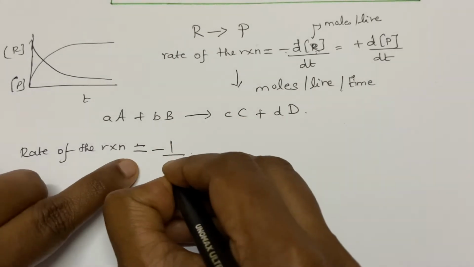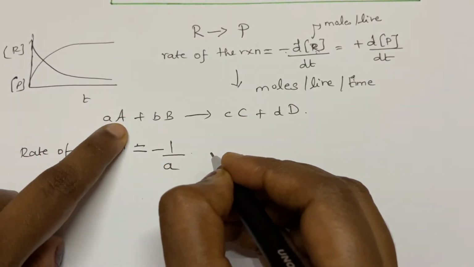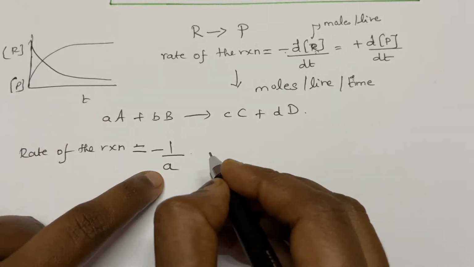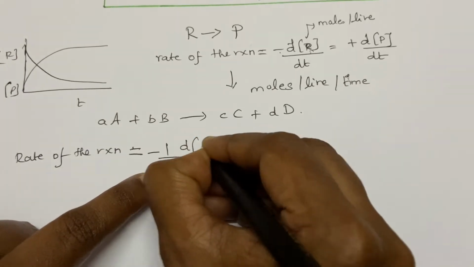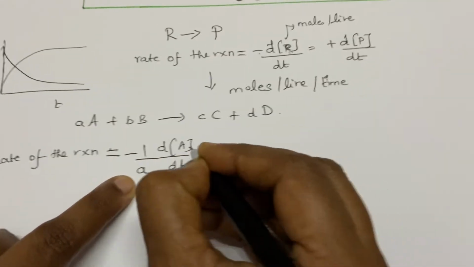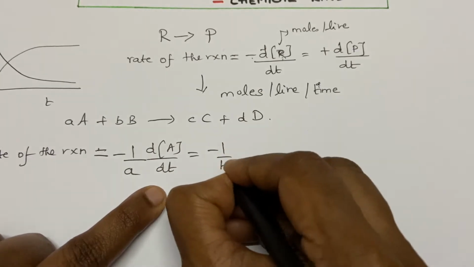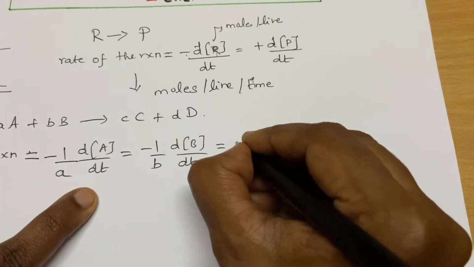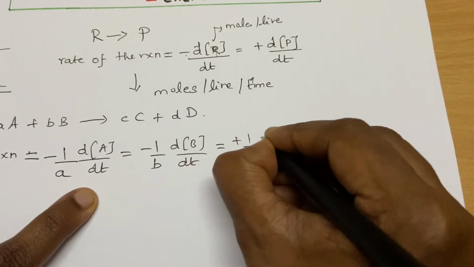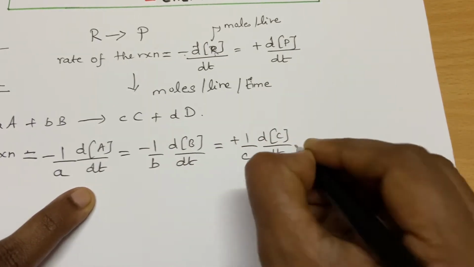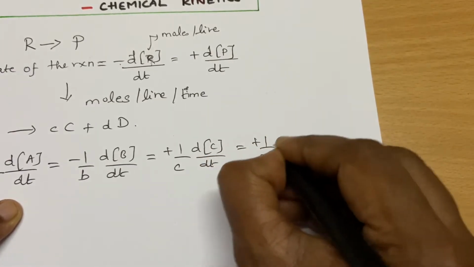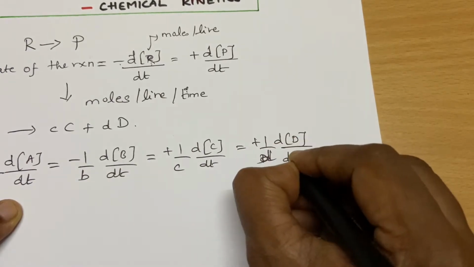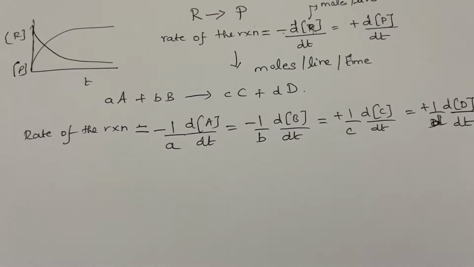As usual, this minus sign represents that the reactant's concentration is decreasing. So the stoichiometric coefficient you have to bring it down, to make everything equal. If you measure any one of these, that will give you the rate of the reaction.